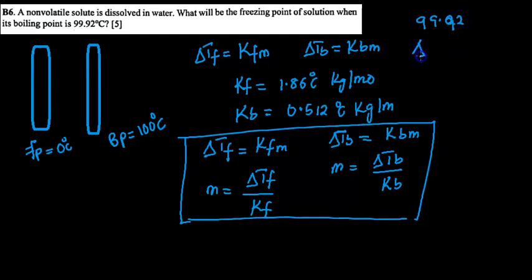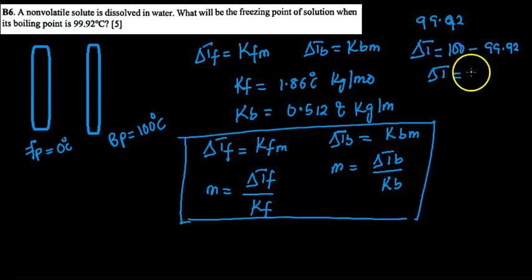In this case, our final temperature is supposed to be 100 degrees Celsius, as we mentioned here, minus the initial temperature, 99.92. Our change in temperature is simply going to be 0.08. So what you need to do next is to find the molality.